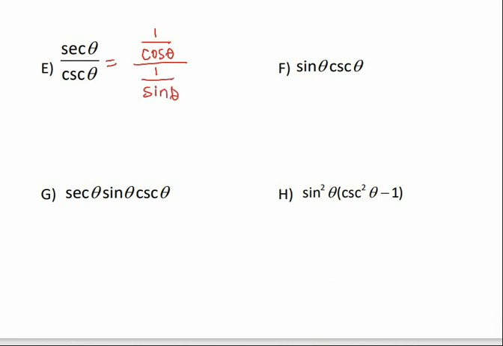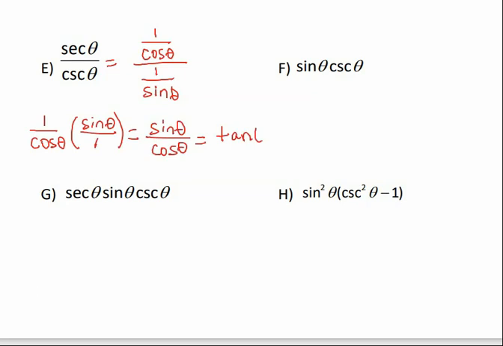This is a fraction divided by a fraction, and we have to multiply by the reciprocal. So this would be 1 over cosine of theta times sine of theta over 1. Then that would be sine of theta over cosine of theta, which is tangent of theta.